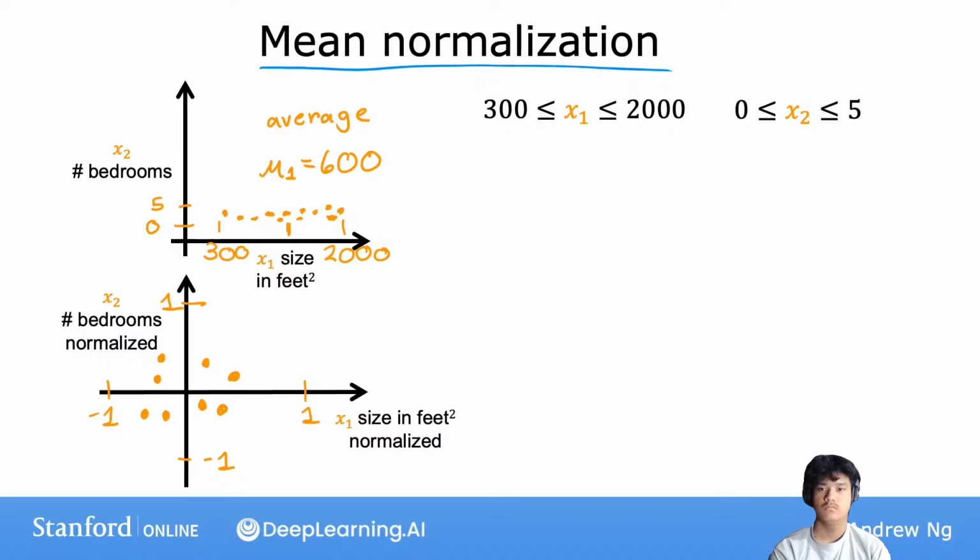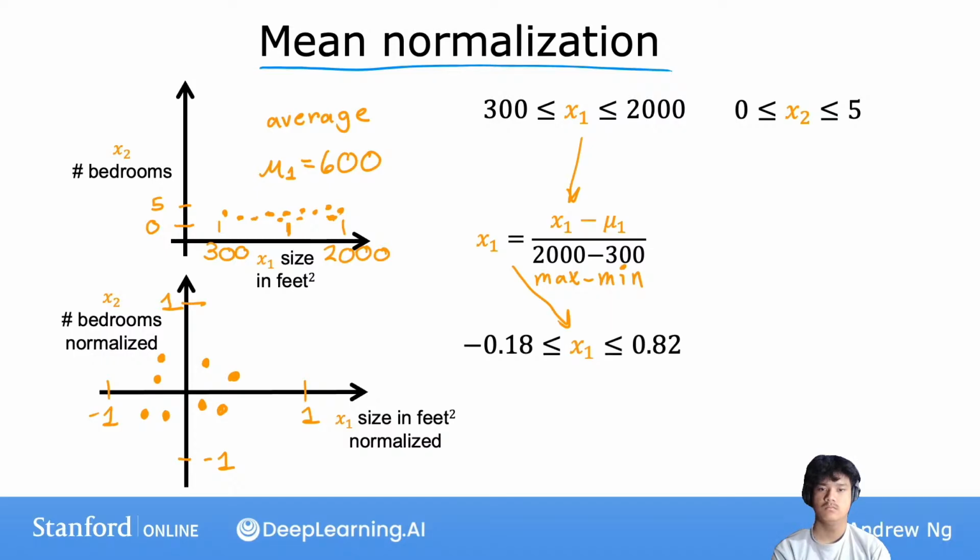So let's take each x1, subtract the mean mu1, and then divide by the difference 2000 minus 300, where 2000 is the maximum and 300 the minimum. If you do this, you get the normalized x1 to range from negative 0.18 to 0.82. Similarly, to mean normalize x2, you can calculate the average of feature 2, and for instance, mu2 may be 2.3.